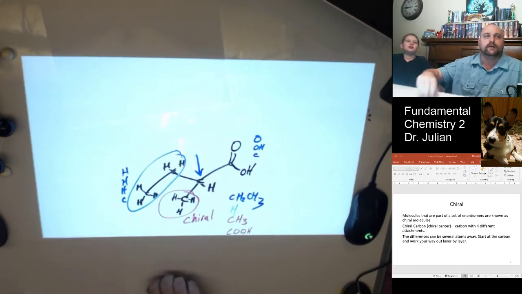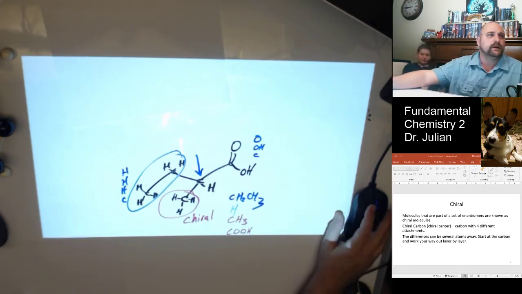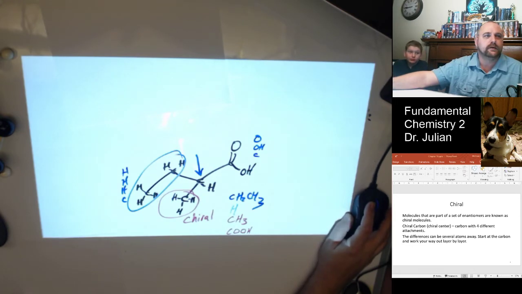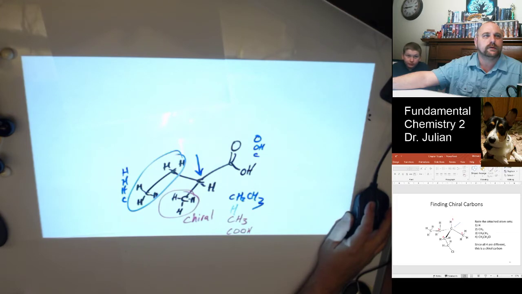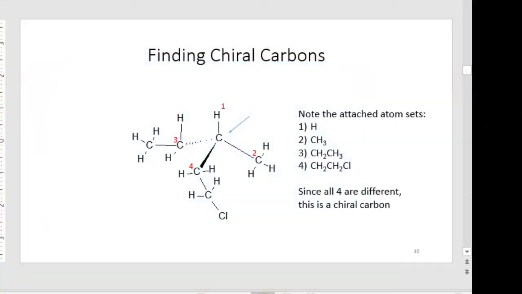All right. On these, it can be a little bit tough to pick out which ones are chiral carbons. So let's go to this one and get a little more practice. This one's got 3 H's on it, right? So that can't be chiral.